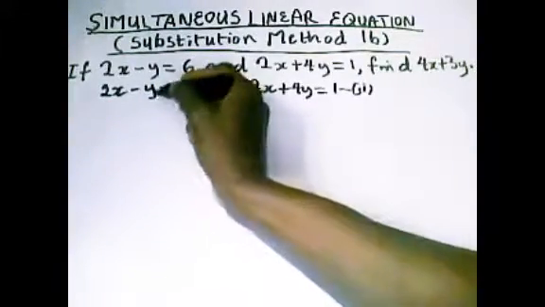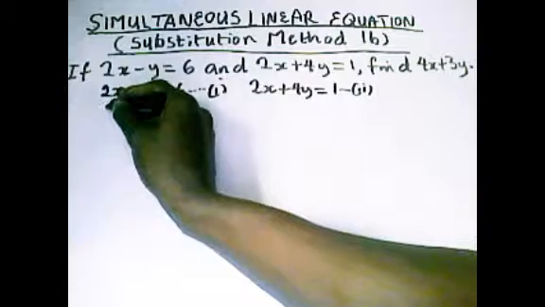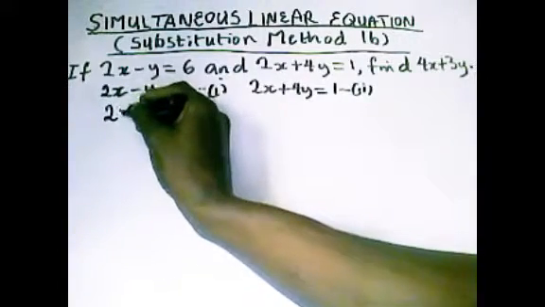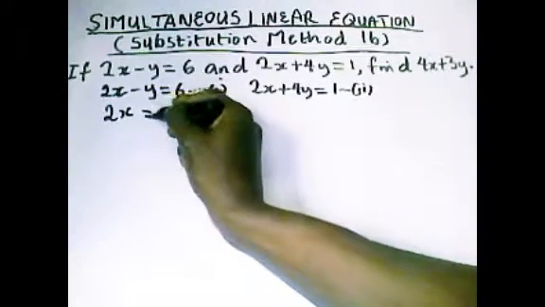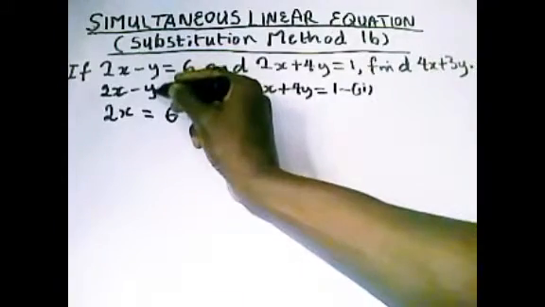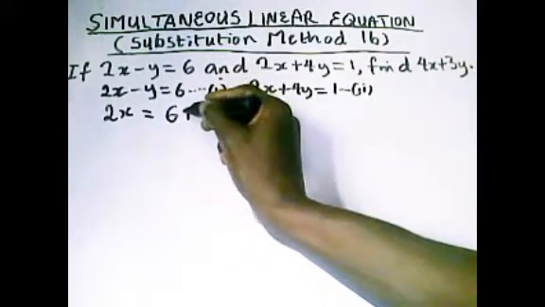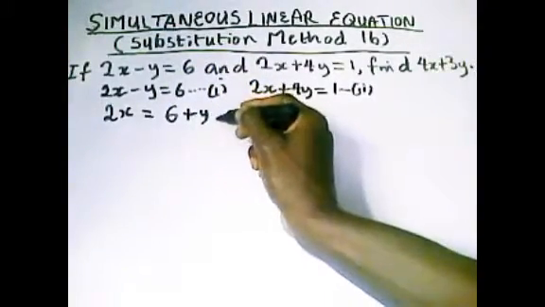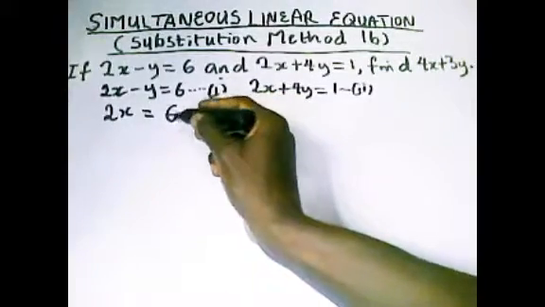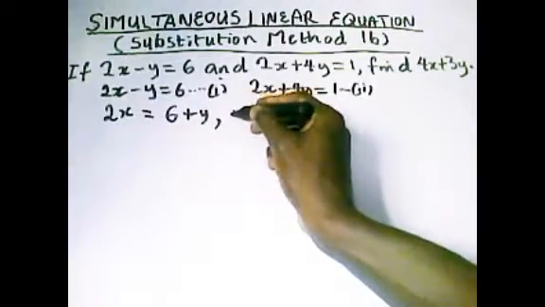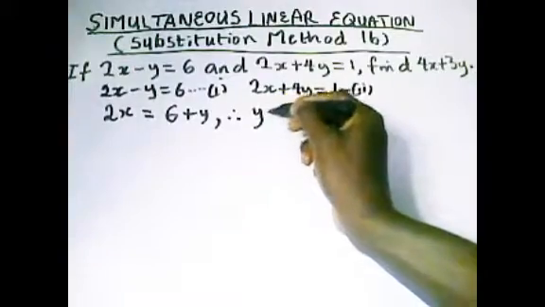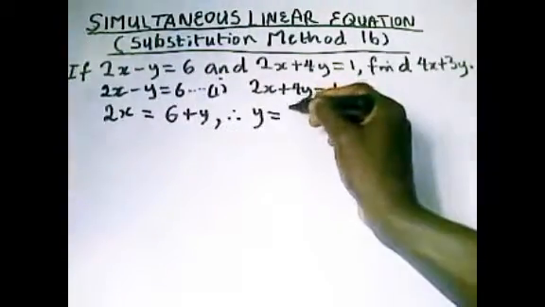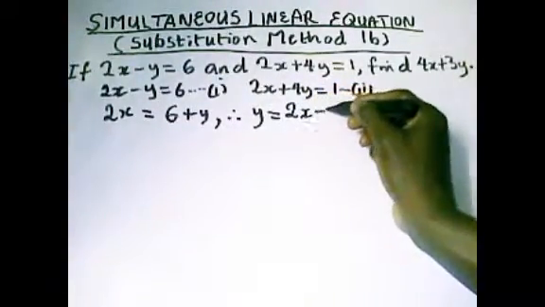Now from equation 1 we'll have 2x minus y equals 6. We bring our plus y to this side, and then we send our 6 to the other side, so that we arrive at y equals 2x minus 6.